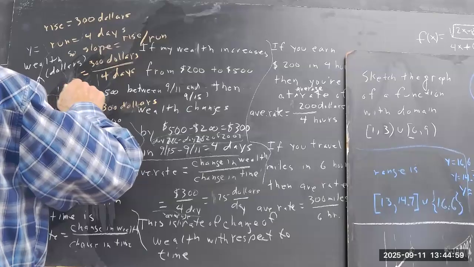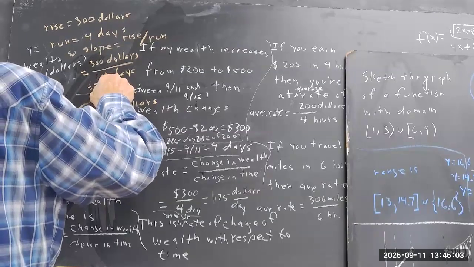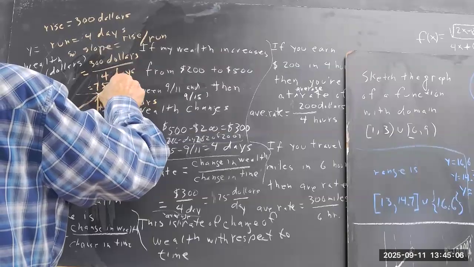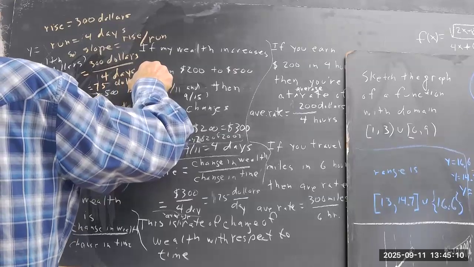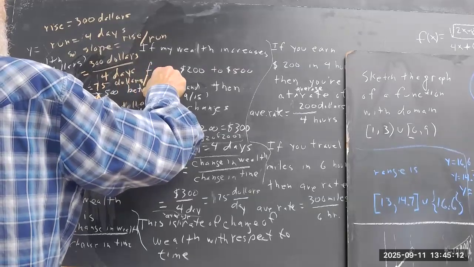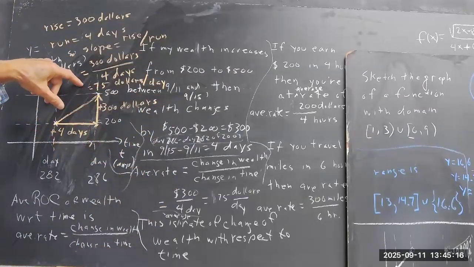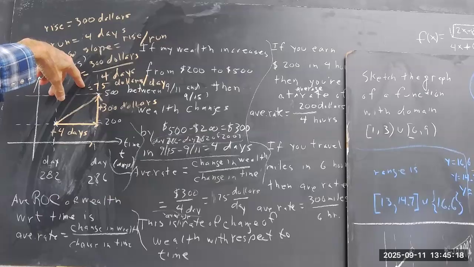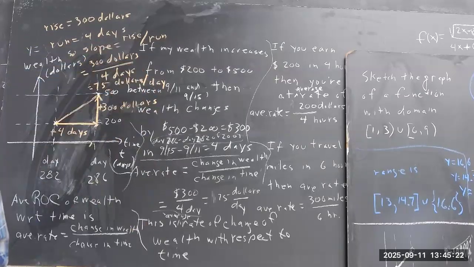And that equals, I have to write it between the lines so you can distinguish this from the other stuff. I accidentally left myself enough room. But it's $75 over days. We write that as dollars per day.